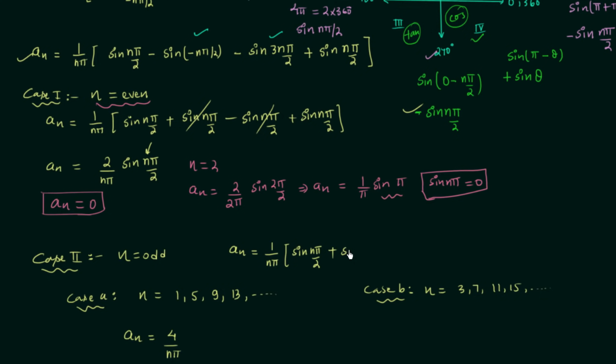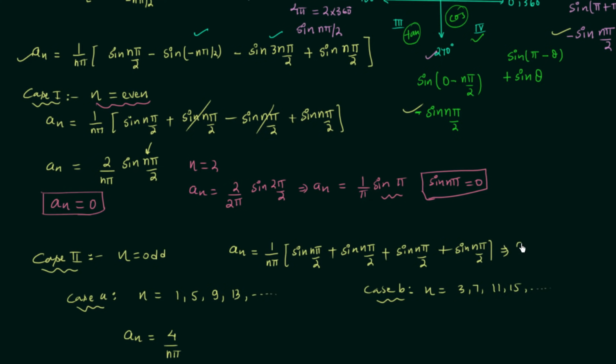The negative sign was already there, so we have sine n pi by 2. Now there is a difference if you compare the third term in case of even and in case of odd. In case of odd we have sine 3n pi by 2 equal to minus sine n pi by 2. The minus sign was already there, so we have plus sine n pi by 2, and this term will come as it is, sine n pi by 2.